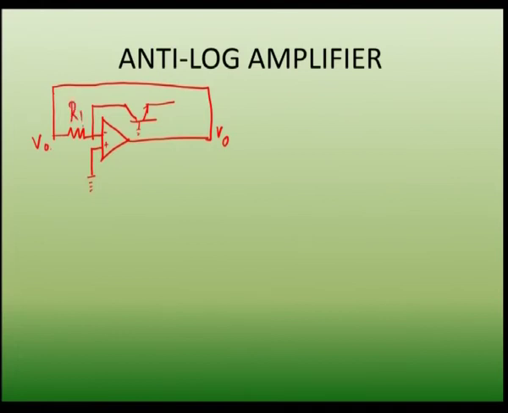Consider this is R1, and again another amplifier, and these 2 amplifiers are acting as logarithmic amplifiers now. Again this resistance is R1, and this is grounded.